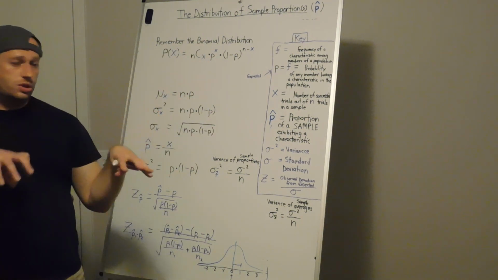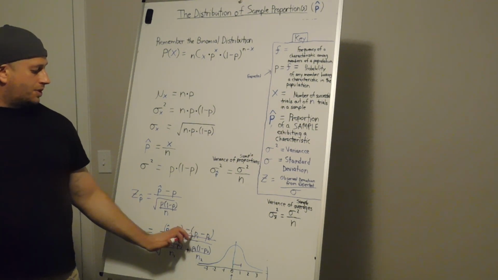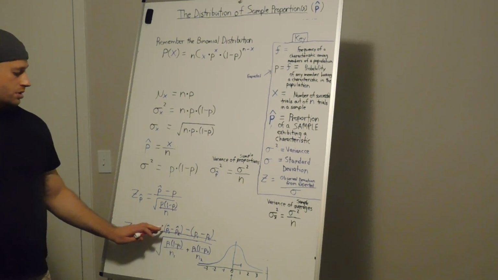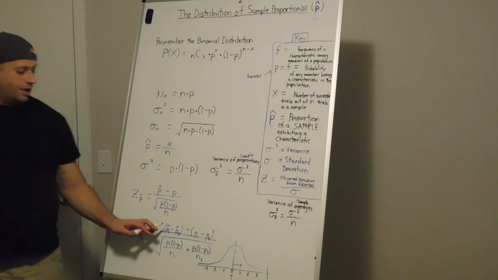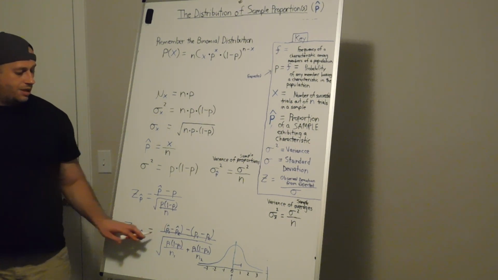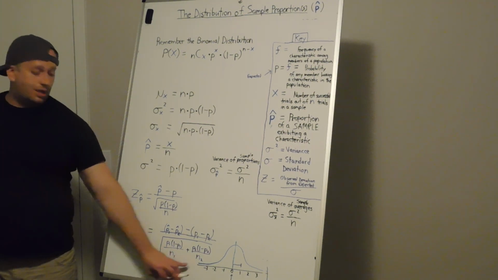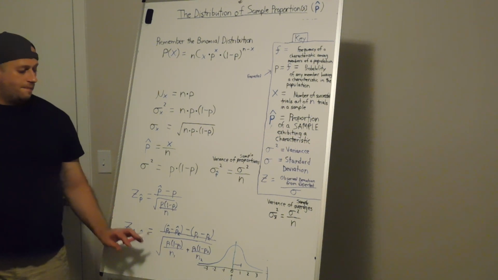We can assume that population 1 is population 2. We can subtract those, get 0, and we're just looking at the difference of the proportions that we got in those two different samples. Then we can divide, and if we have the same n, we can use the same n and add those together. If they're different n's, that's fine.